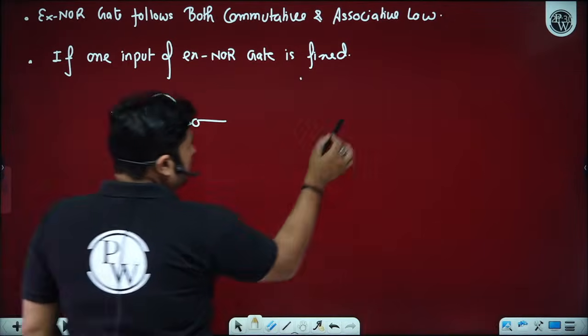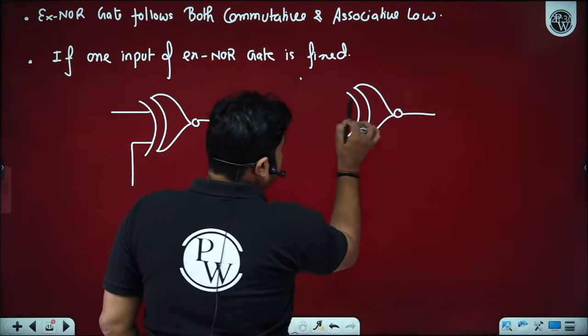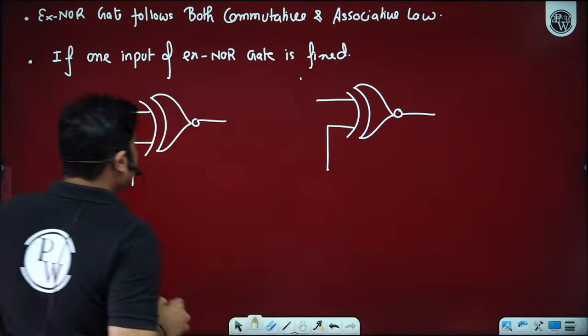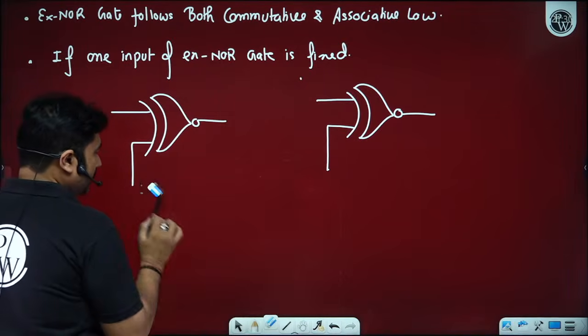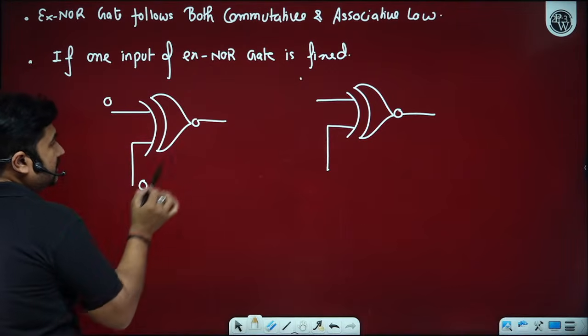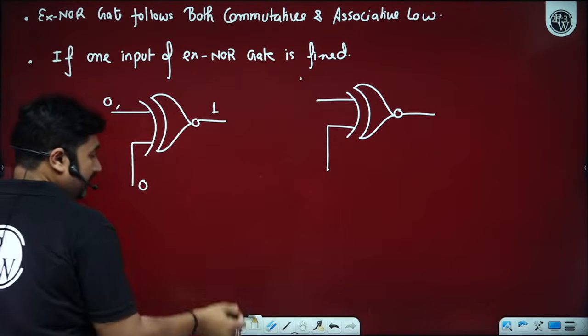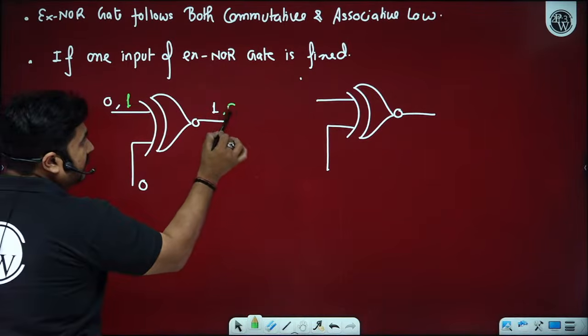Please observe here. In case one input of the XNOR gate is fixed as logic level 0, then if we apply 0 onto the other terminal, same, we will get 1. If we apply 1 to the other terminal, different, 1 0 different, we will get 0.